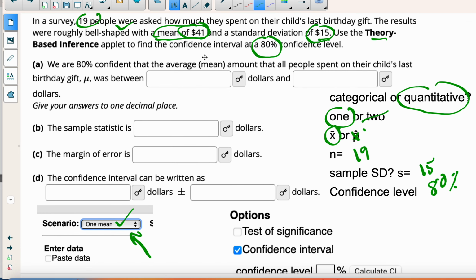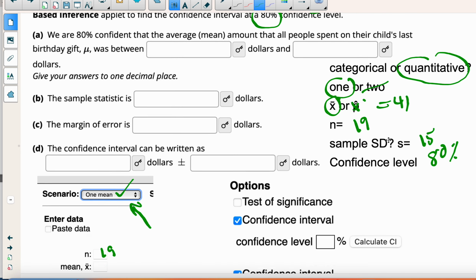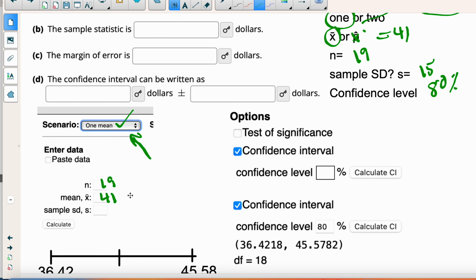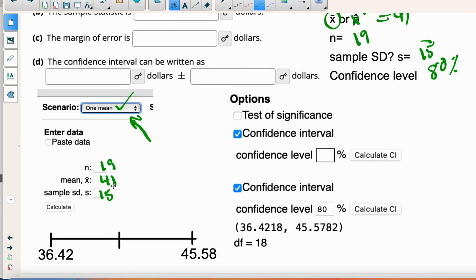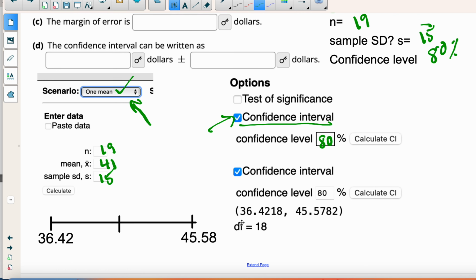My X bar is equal to 41. The standard deviation of that sample is 15. I want to make sure I select confidence level here. Before, we have been using significance, test of significance. I want to take confidence level. I'm going to put 80 here. All right, this is what it's going to spit back to me.